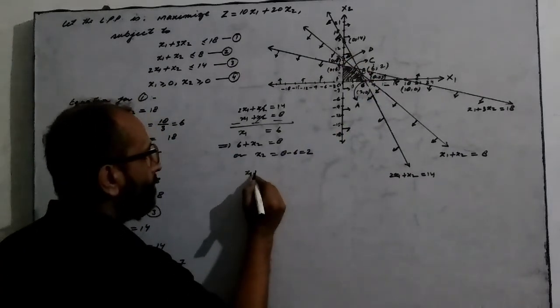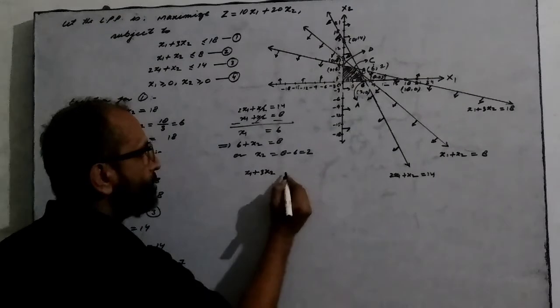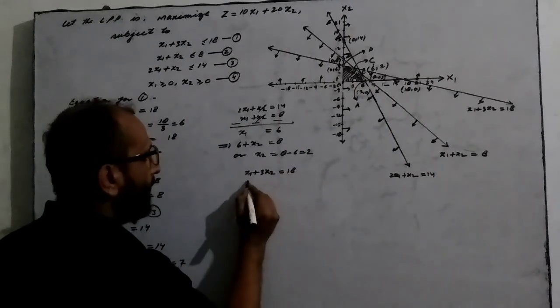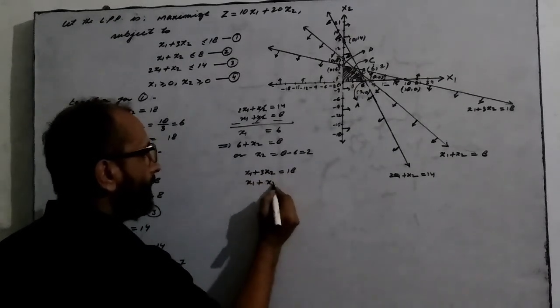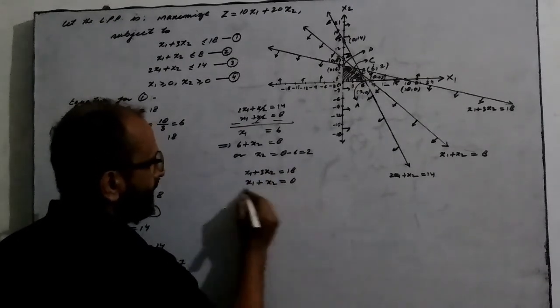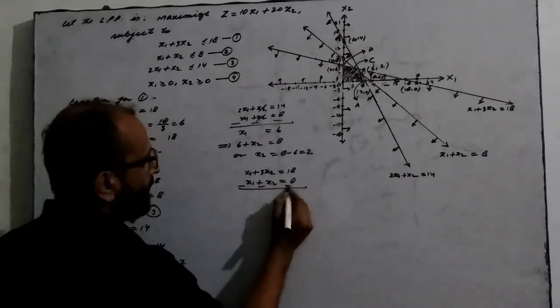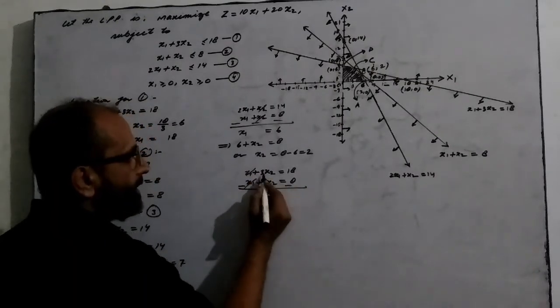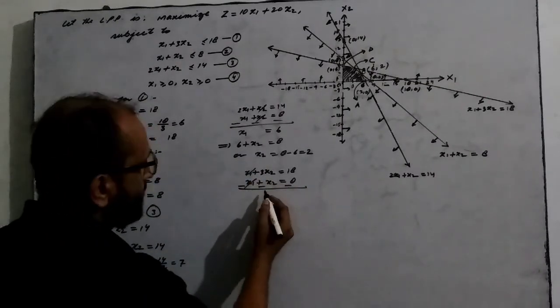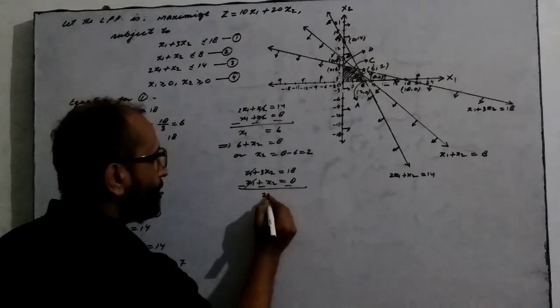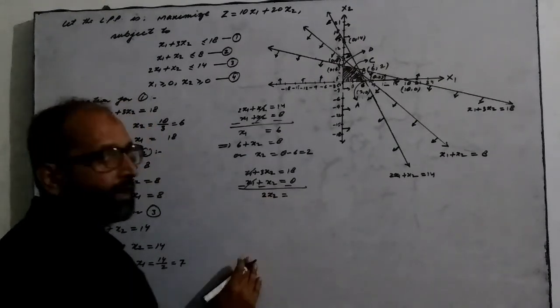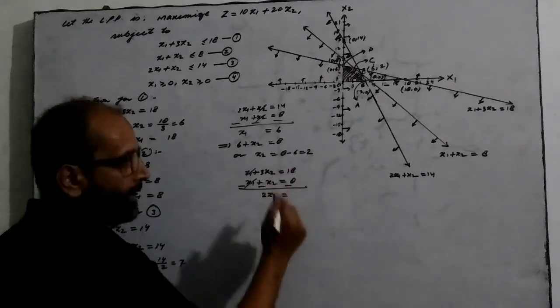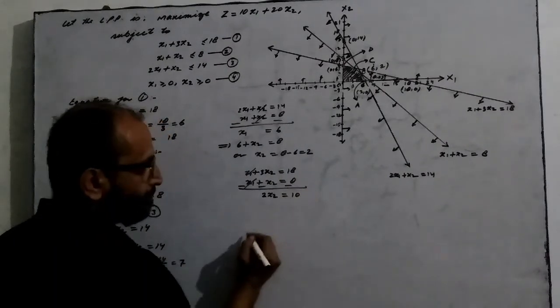So x1 plus 3x2 is equal to 18 and x1 plus x2 is equal to 8. Subtract them. x1 positive and negative cancel, 3x2 is positive, 1x2 is negative, so 2x2 positive is left, and if we subtract 8 from 18 we have 10.